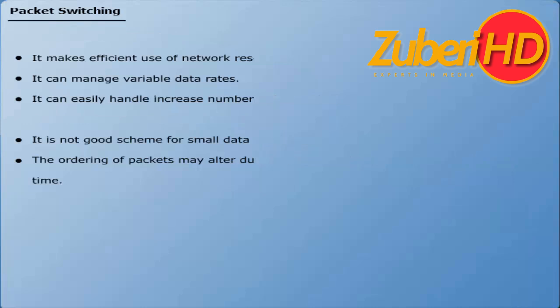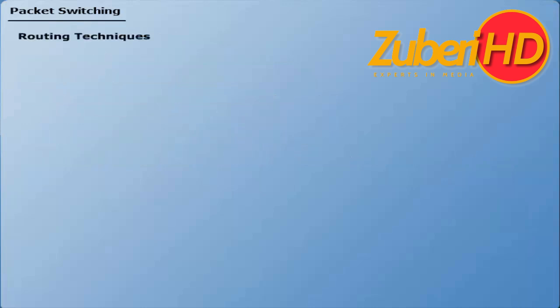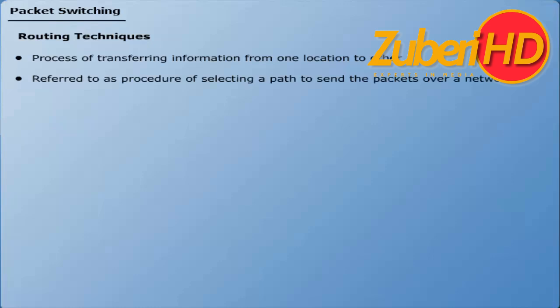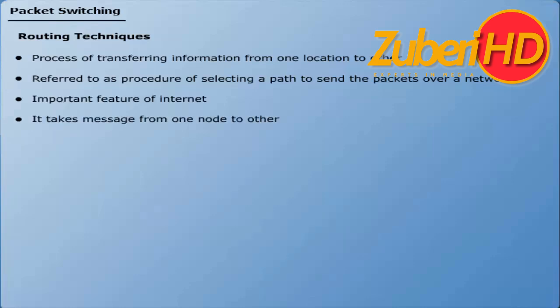Routing techniques. Routing is the process of transferring information from one location to another across a network. It is also referred to as the procedure of selecting a path to send the packets over a network. Routing is one of the most important features of the Internet because it takes messages from one node to another.